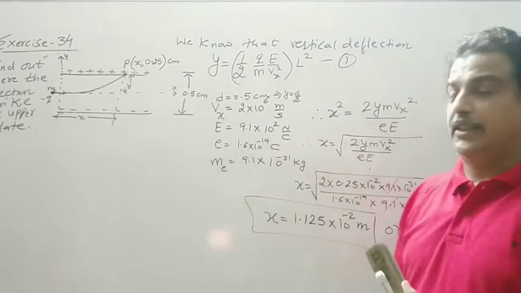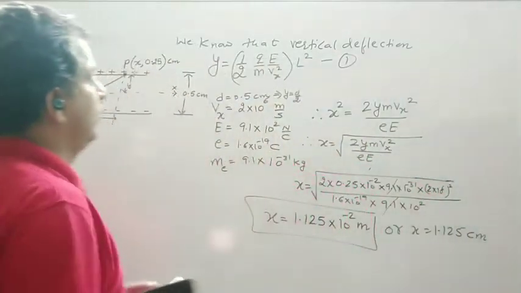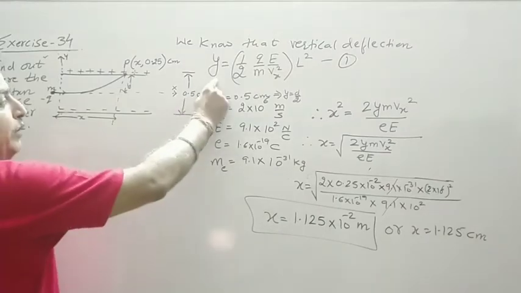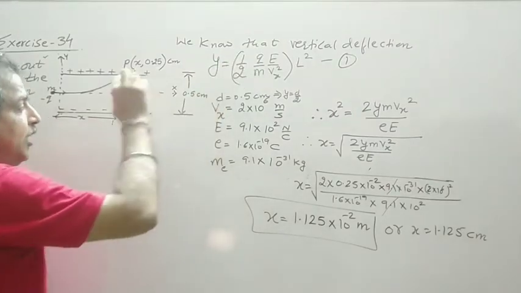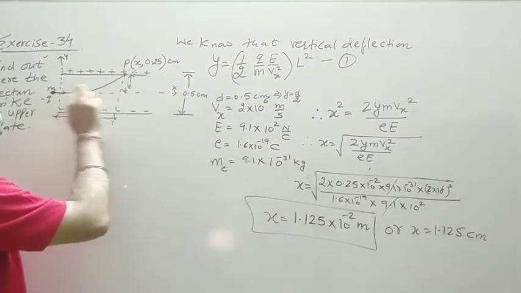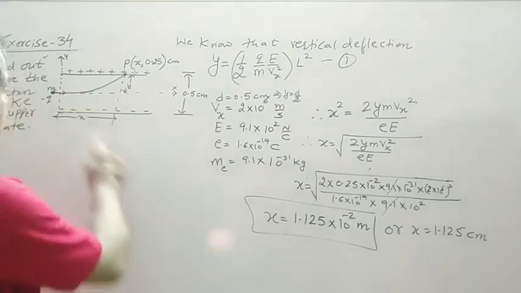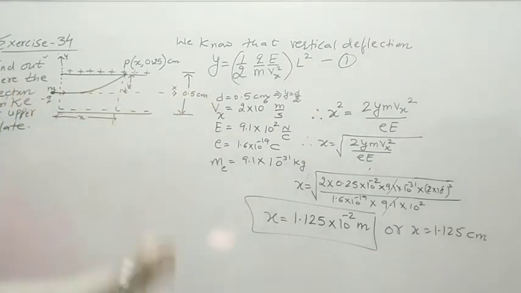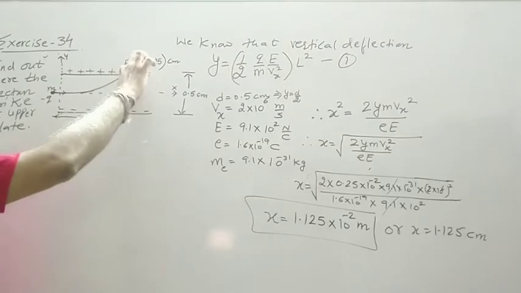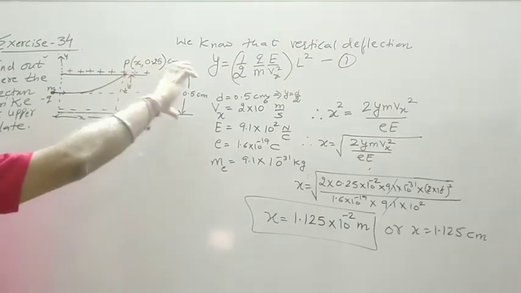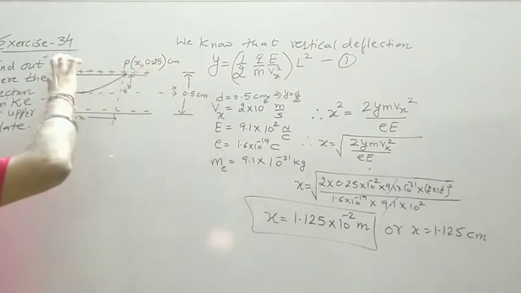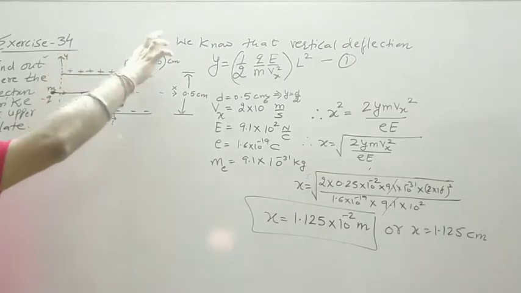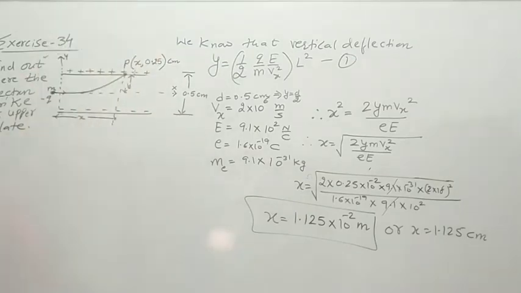So do this necessary correction in our calculation. You have to remember y is a vertical deflection from its original path. So the original path was along the x-axis, but it is deflected along the y-axis. Clearly, since this distance is 0.5 centimeter, the y coordinate should be half of it. So this is question number 34.